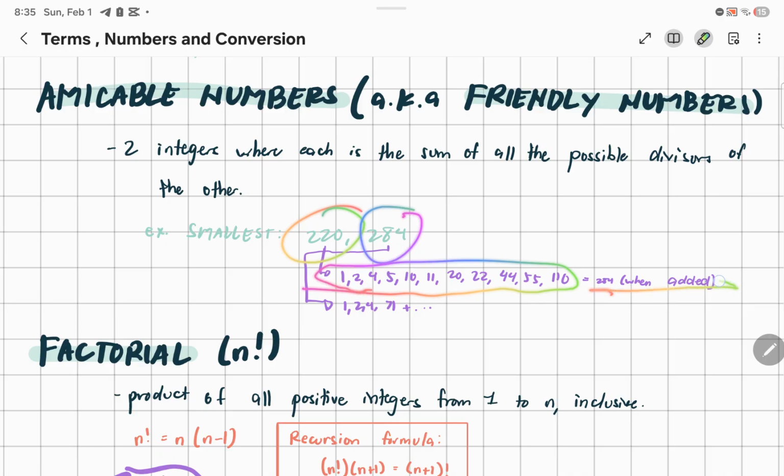And if you get the divisors of 284, you will get 220. Therefore, they're both friendly numbers.